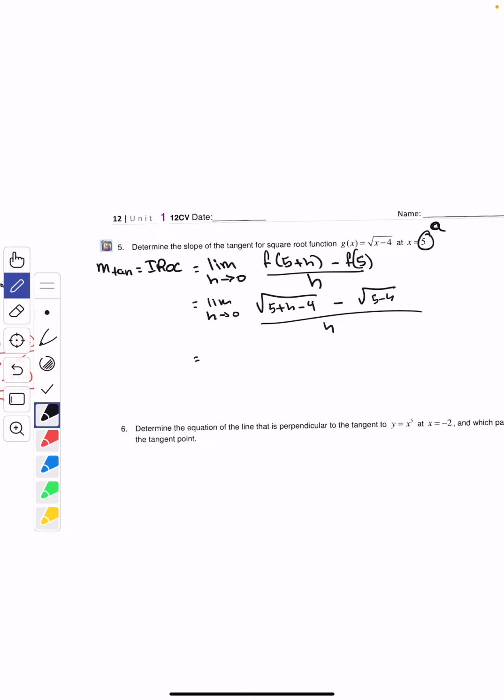So all I've done so far is replace x with 5 plus h, and replace x with 5, right, for the second output.